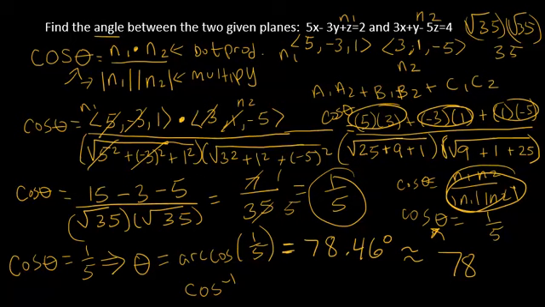It can also be 78.5. It just depends on what they want us to have at the end, like how many decimal places. So that's the angle. My angle between the two planes that were given to me is 78 degrees.